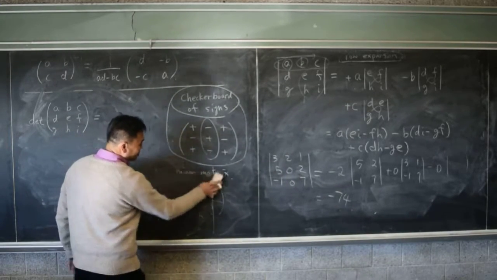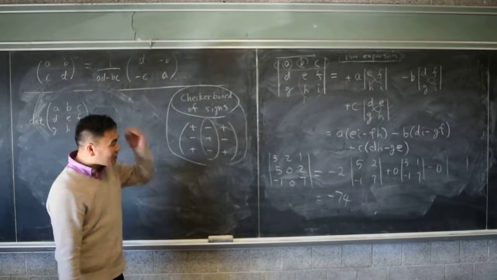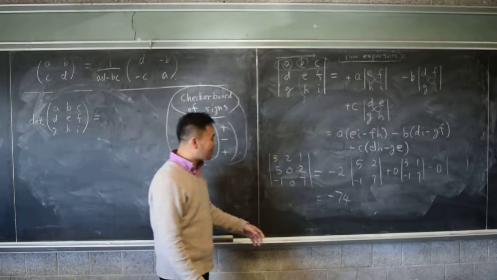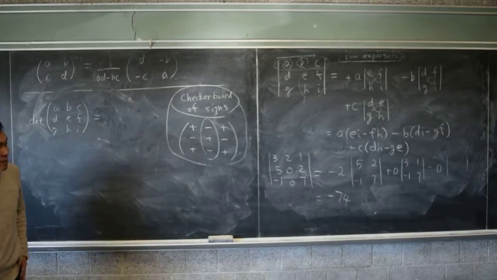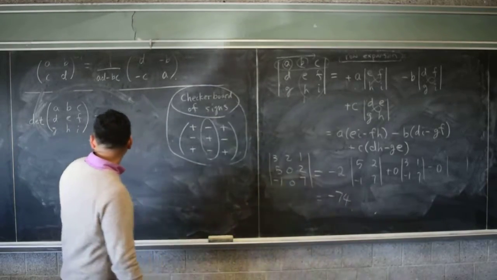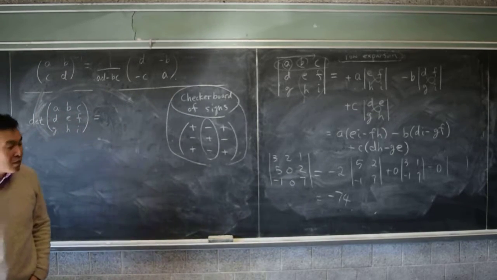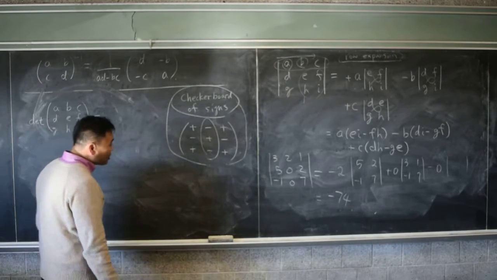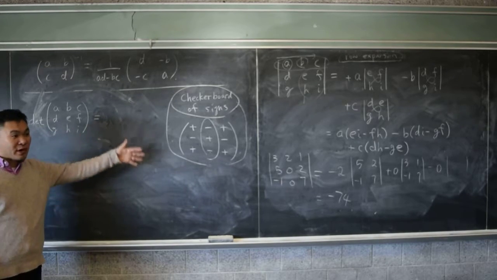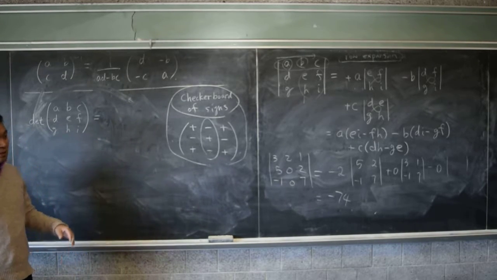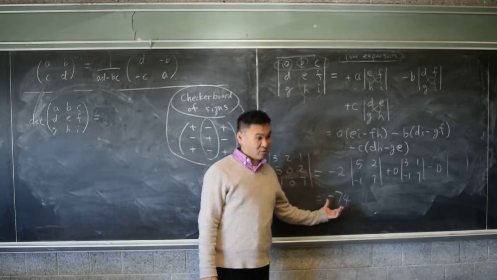Now, one more thing. I mean, you might wonder, why do we have to observe this sign? Can't we just remember that the sign alternates because we only care about whether it's 0 or not? Well, it turns out that later on, this determinant has a lot more meaning than just telling us whether the inverse exists or not. It has the meaning that when you use matrices to transform domains in three-dimensional space, the change of volume is explained by the value of the determinant.